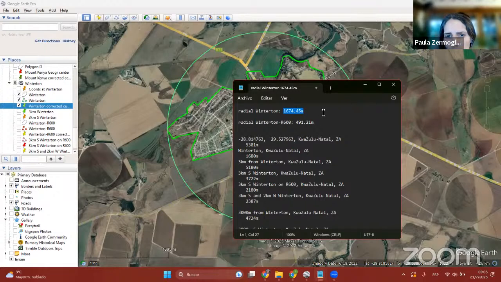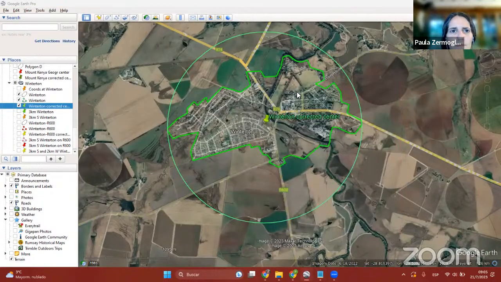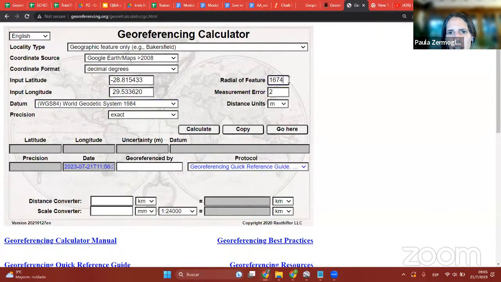I'm going to round this up to 1,674 meters. Remember that the distance units have to be consistent for all the distances or measurements that we put here. My personal measurement error I will keep at 2 meters.